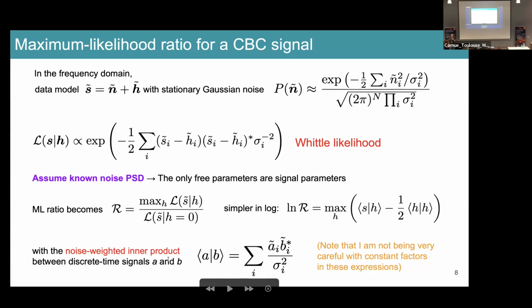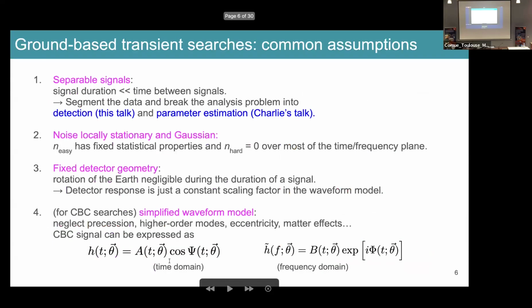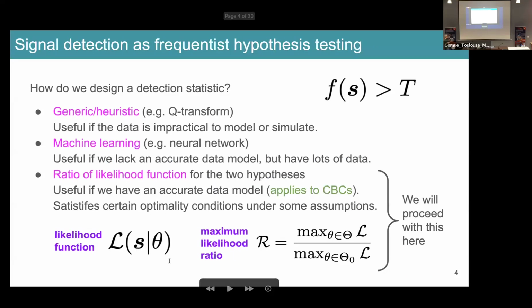There is also a completely new technology that is emerging, and I've briefly hinted at this here. I mentioned it en passant, but it's becoming really serious now. There are now search pipelines which have worked in O4 in production, which are based essentially just on a gigantic neural network where you put the data in and you get the detections out.